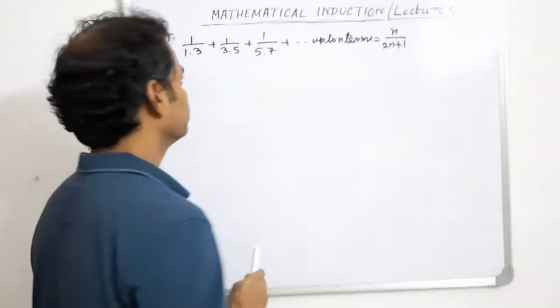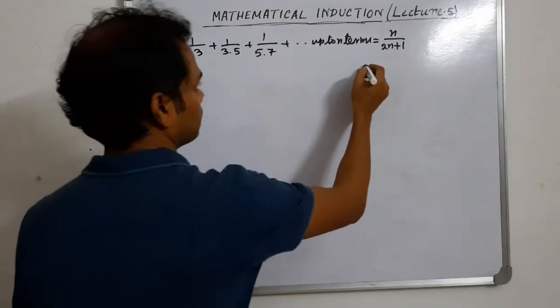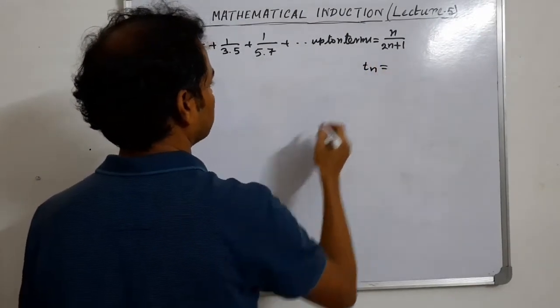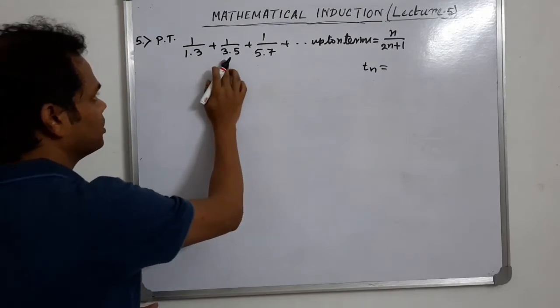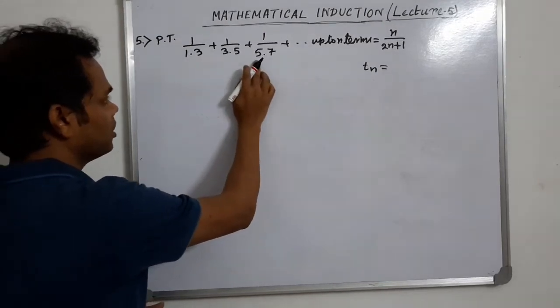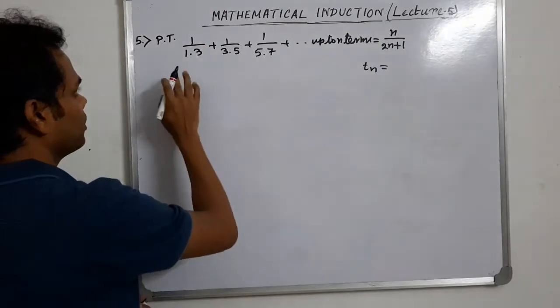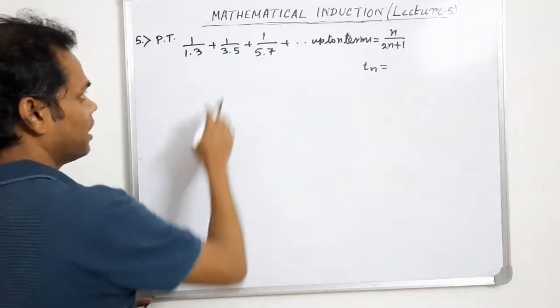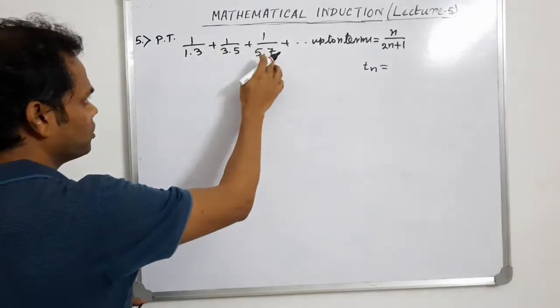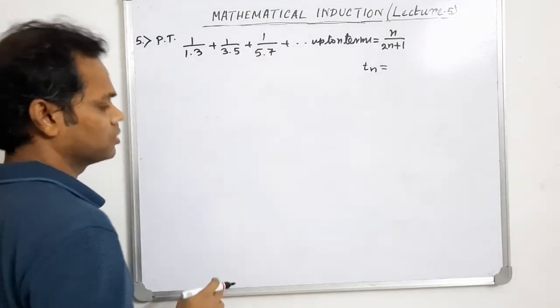What is the nth term? You see that the first term is 1, in the place of the second term this is 3, in the place of the third term this is 5. You see that 1, 3, 5 are in AP and the second term is just 2 more than the first.